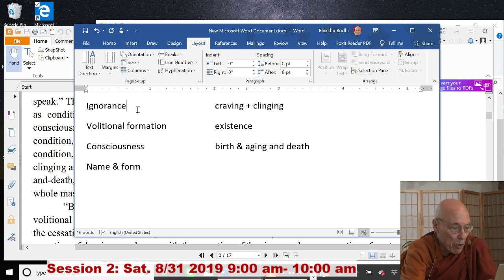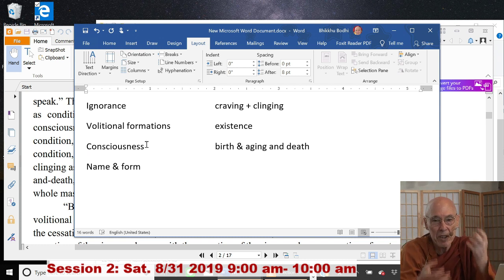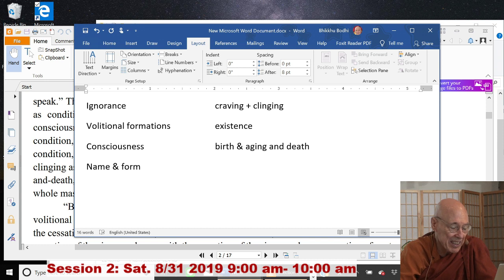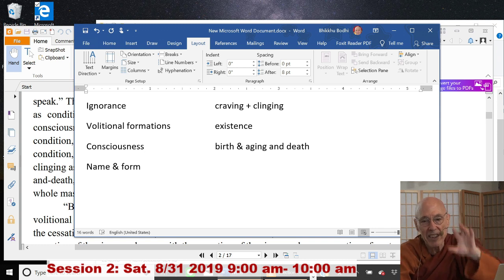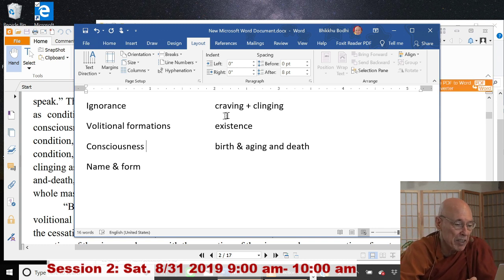I see here one chain goes from ignorance to these volitional formations, from the volitional formations to consciousness, and then consciousness to name and form. And what we call a given life is this continual interplay of consciousness and name and form, or the psychophysical complex. So this is one series, and then the parallel series, which is just expressing the same process in somewhat different terms.